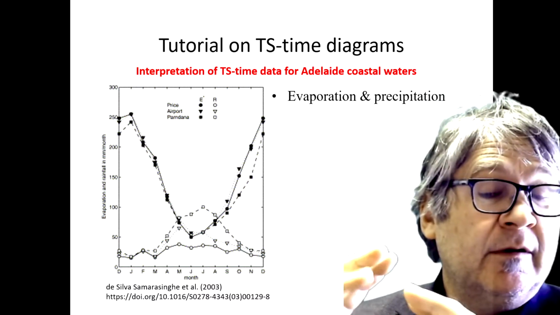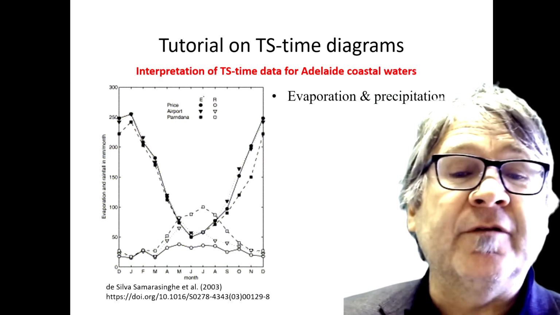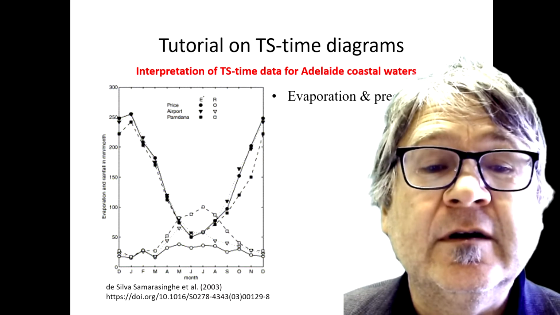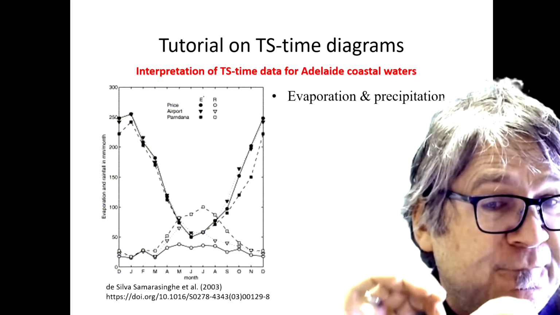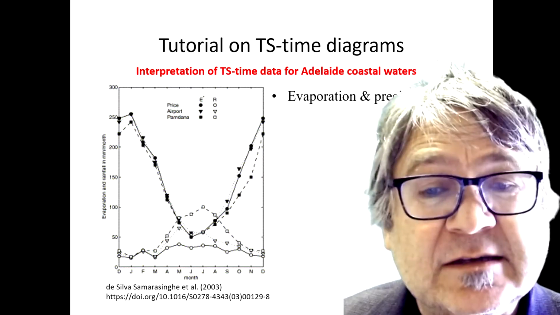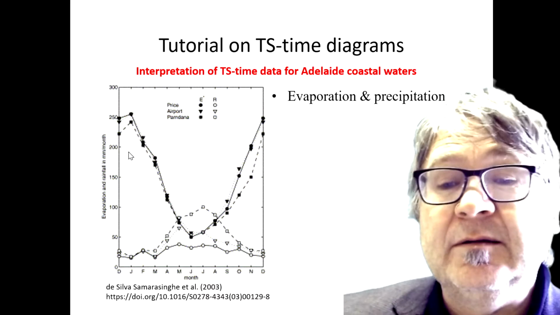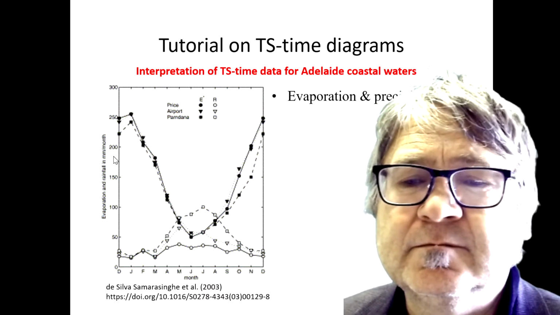And this is from an older paper here, measurements of the seasonal cycle of evaporation and precipitation. So the one with the filled symbols, the black symbols, is evaporation, and the unit is millimeters per month.